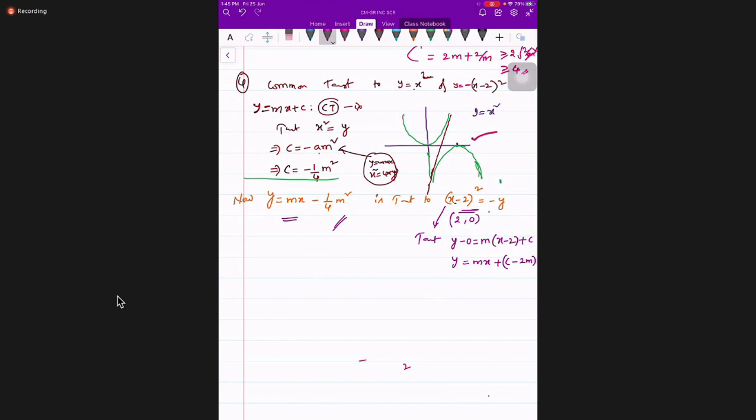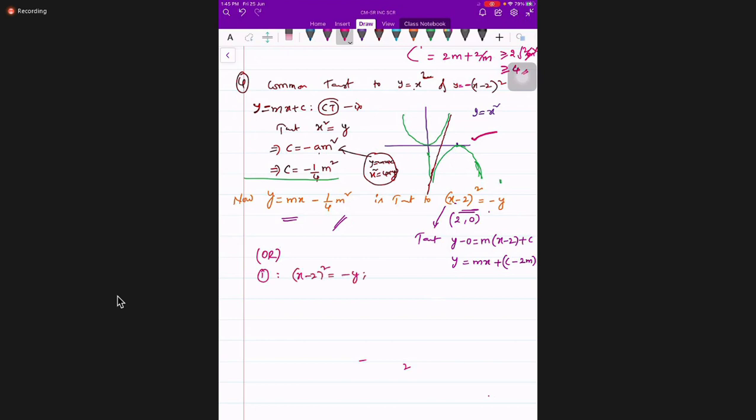But that is completely conveying over here. Or another way I'm doing. First, I'm finding the common tangent to that confused parabola. So what is the parabola? First parabola you can take, students: (x minus 2) whole square equal to minus y.